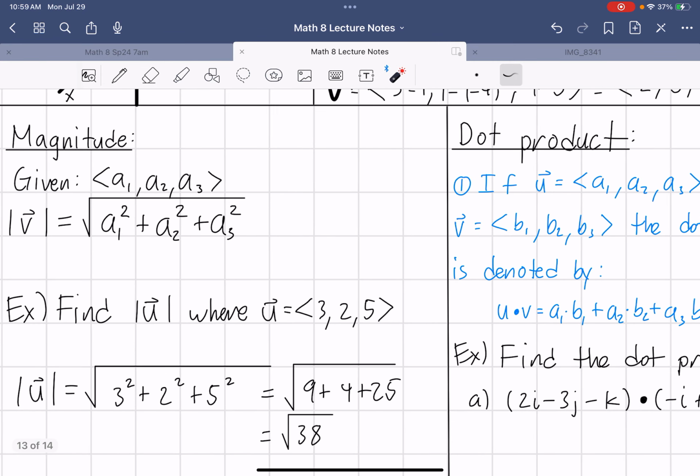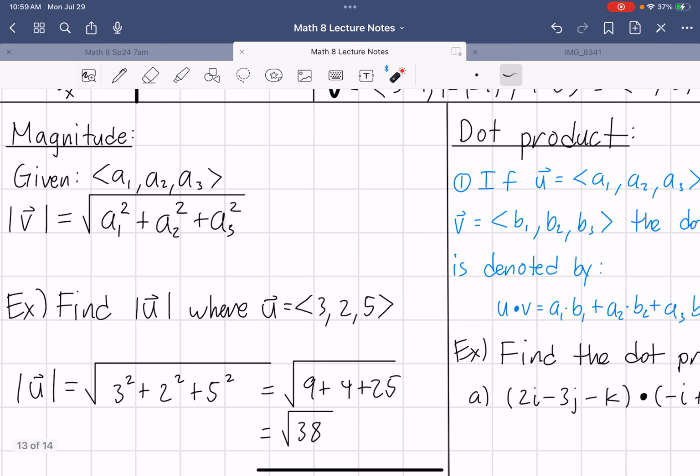Right, and that's pretty much what you see in 9.3. I could have just as easily said that u is 3i plus 2j plus 5k, just so we get used to that ijk notation as well.